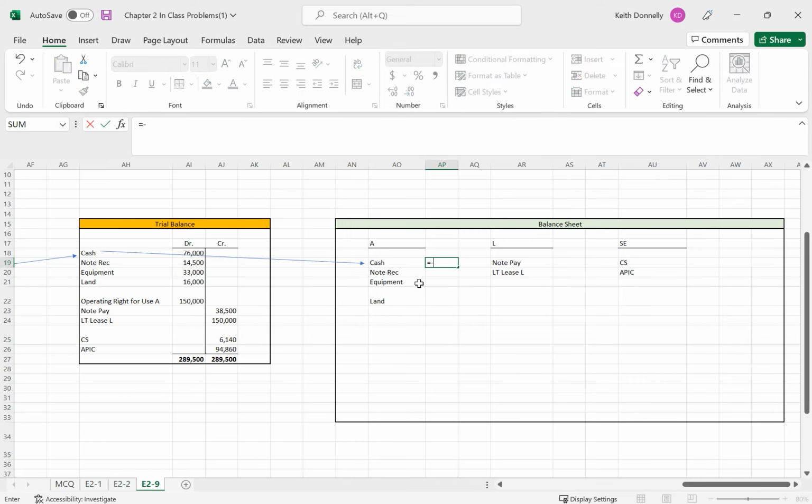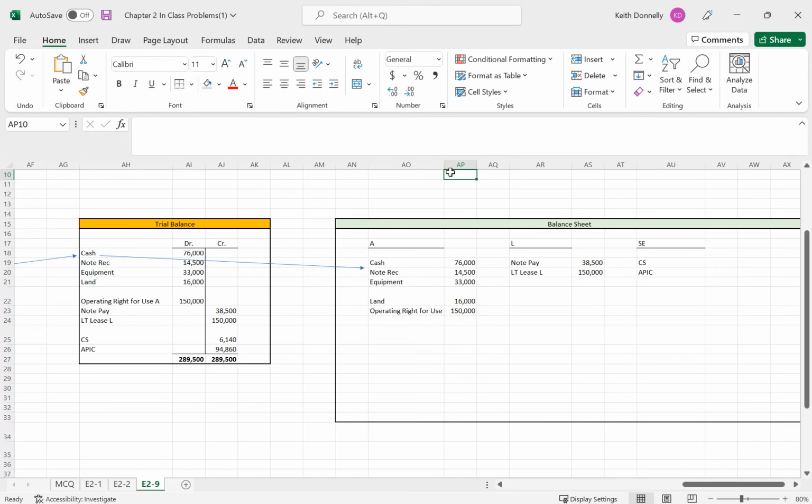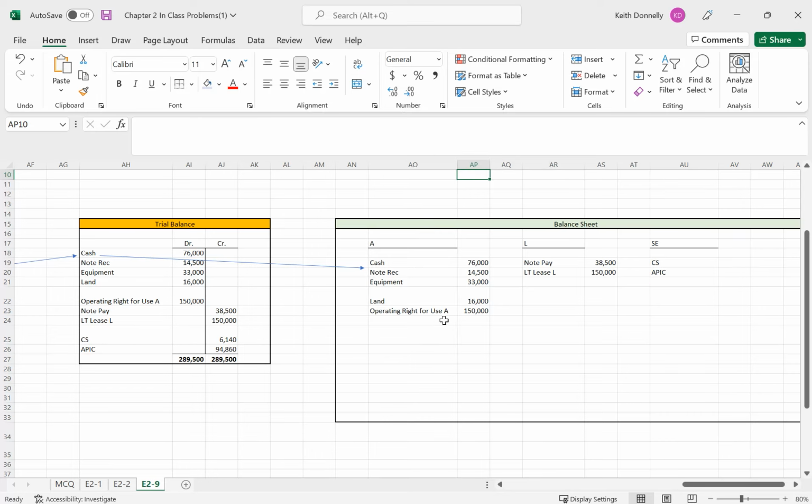So cash is gonna equal, not the arrow, 76, 14.5, equipment, 16, our notes, looks like we have to add this operating lease, right? And that might be further up.